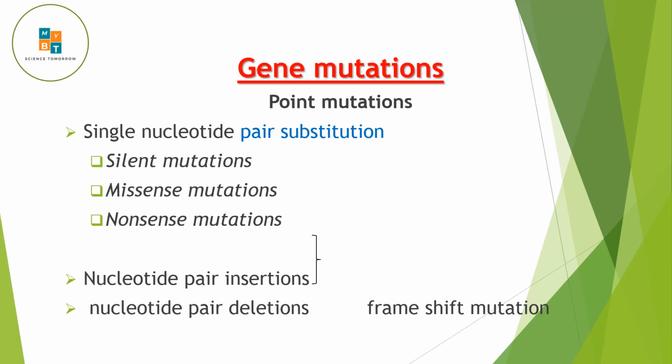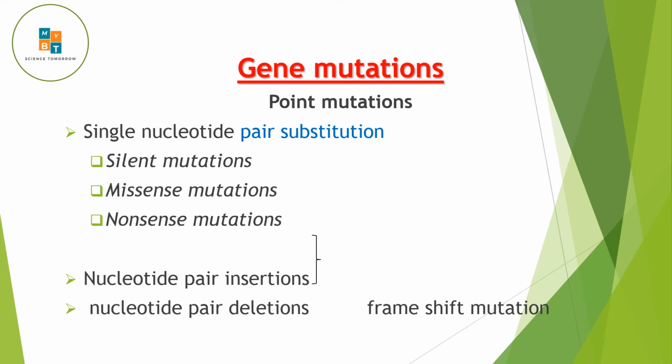You call it a substitution. This substitution will result in three things. With the substitution, there may be a silent mutation, or otherwise missense mutation, or nonsense mutation. Silent mutation.